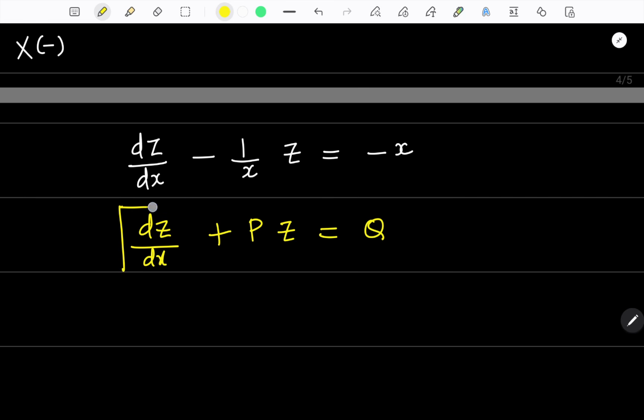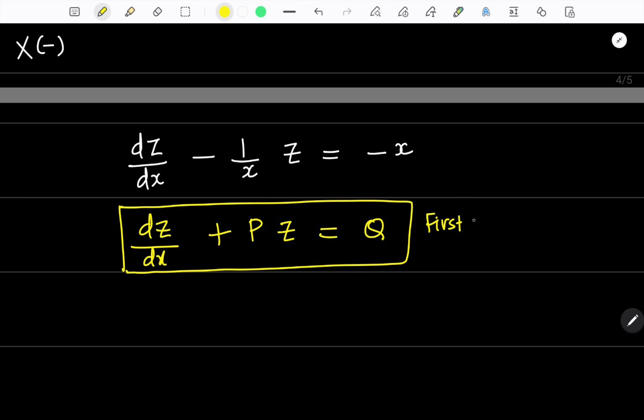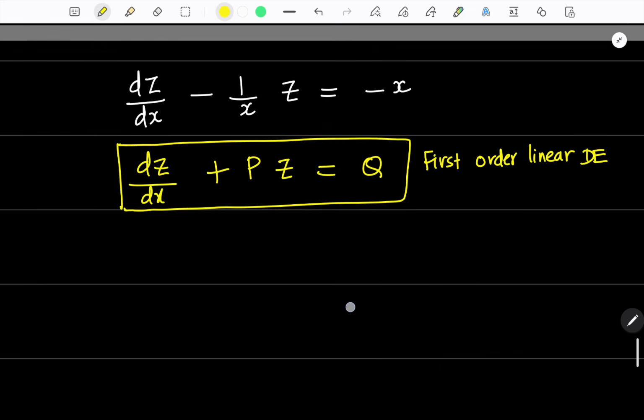What is this model? First order linear differential equation. While I'm starting the video, I said the Bernoulli equation is converted into a first order linear differential equation, whereas the substitution method y equals vx converts into what?